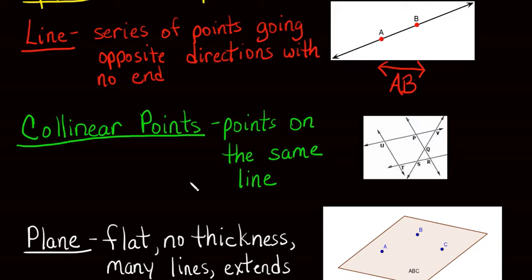If we take a look at this little graphic, I could say that points U, P, and V are collinear. I could say that Q and V are collinear, and also S. So, points that are on the same line. Co just means together. Linear, a line.